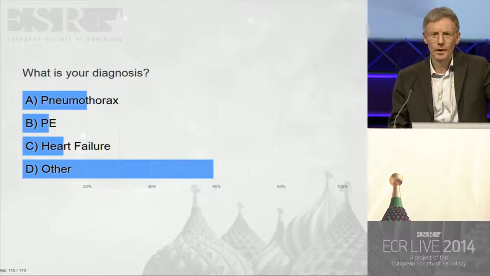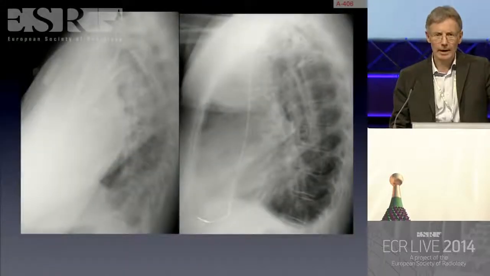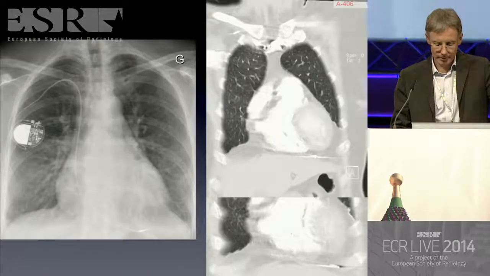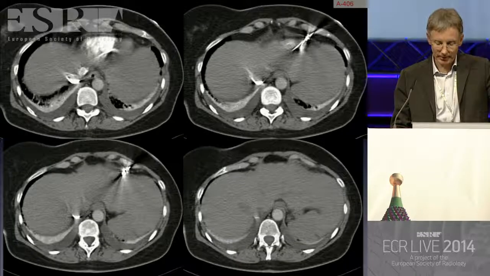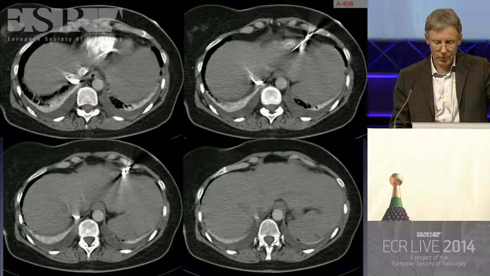If you don't look at the wire, you will not pick up this change. It has moved laterally and anteriorly, and because this was not seen and the patient had symptoms, well, we asked for a CT scan, and this shows that the wire has gone through the myocardium, through the pericardium, to the chest wall, and its tip is against the chondrocostal junction. That's why she has pain. The wire was removed and replaced by the cardiologist with no adverse consequences to the patient, fortunately.